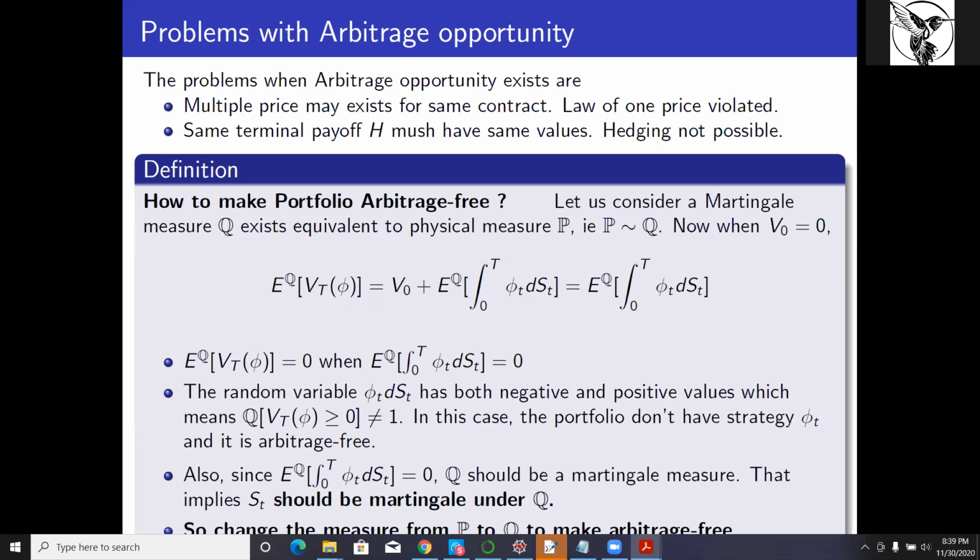The second problem is that the same terminal payoff may have multiple initial values, and in that case hedging is not possible. We'll discuss this in detail later on, but the main idea is that if an arbitrage opportunity exists in the market, pricing is not possible. There are issues with the pricing.